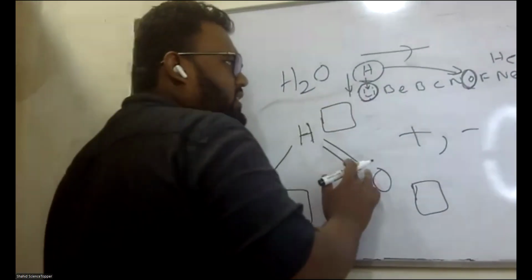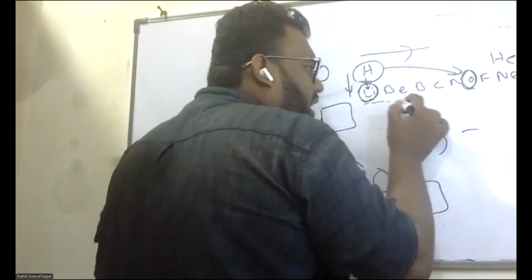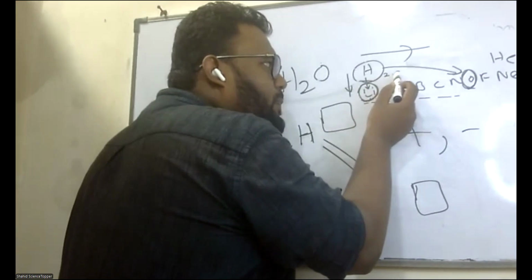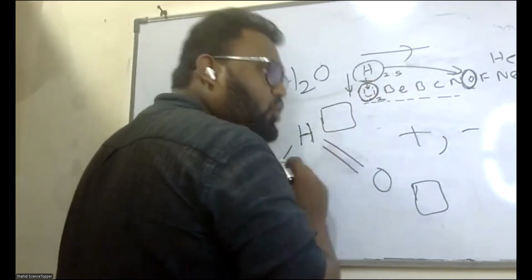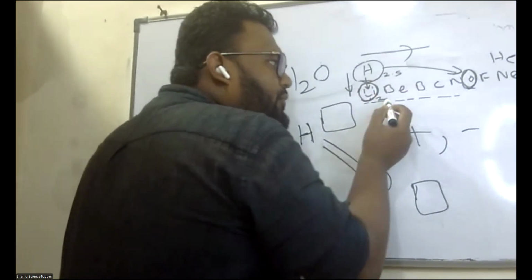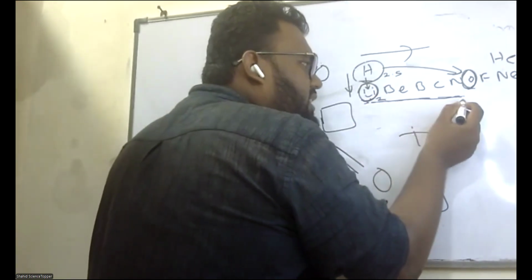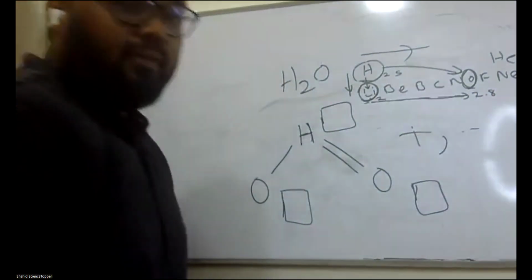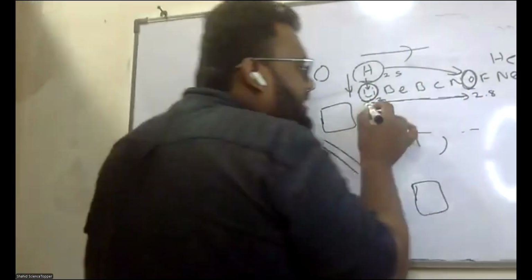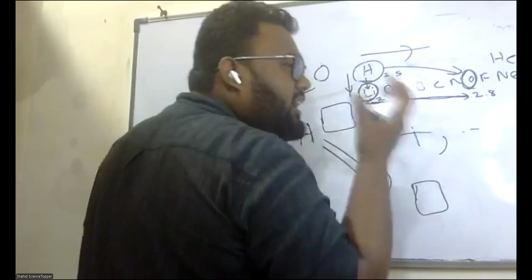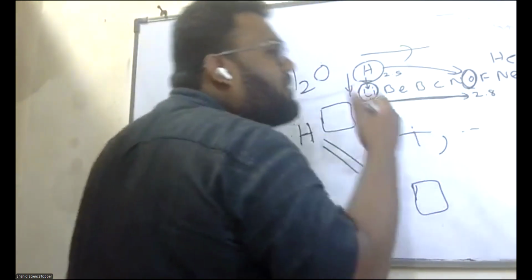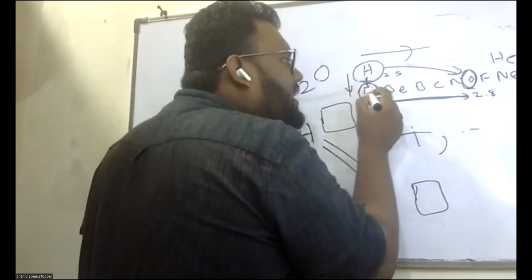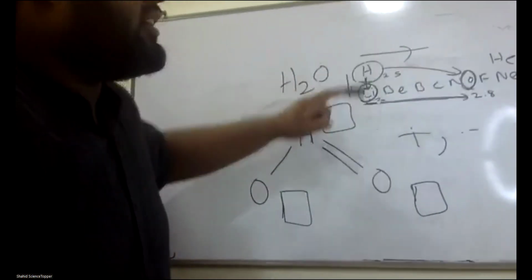But when you go this way, even though there is a small drop here, if I say this is 2.5 and lithium is 2, when you go in this direction it will increase to more than 2.8. The increase in this direction is very much higher than the small drop here. You understand?